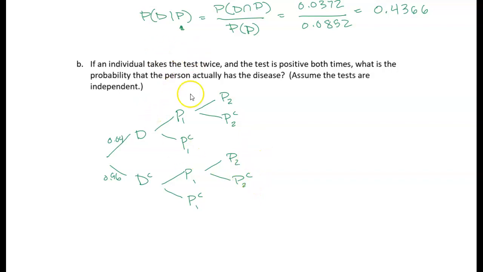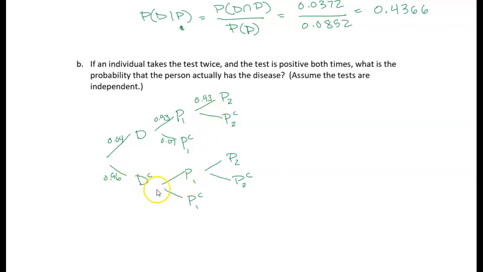Okay, so let's put in the numbers. There was a 93% chance that if you have the disease, it's going to catch it, which means 7% otherwise. I don't even really need to write that, but this should add up to 1. Then this person came in, has the disease, and tests again, but there's still a 93% chance that you'll test positive.